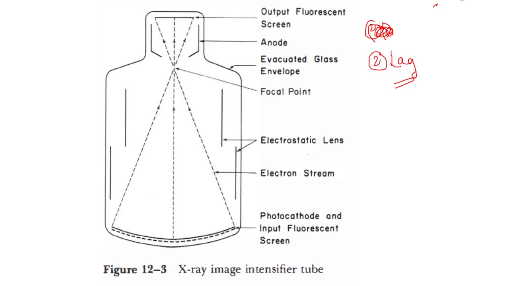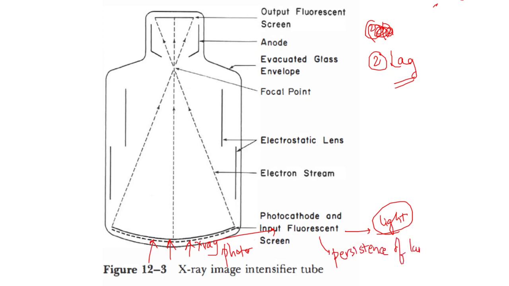In the image intensifier, X-ray photons stimulate the input fluorescent screen, which produces light, right? Sometimes the input fluorescent screen has persistent luminescence, and this light will activate the photocathode. This persistence of luminescence by the input fluorescent screen is called lag.